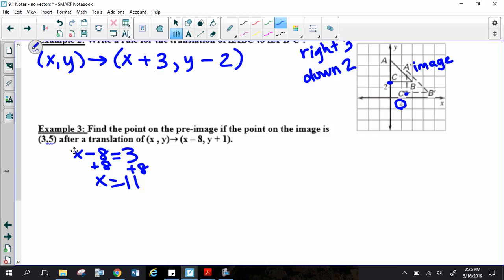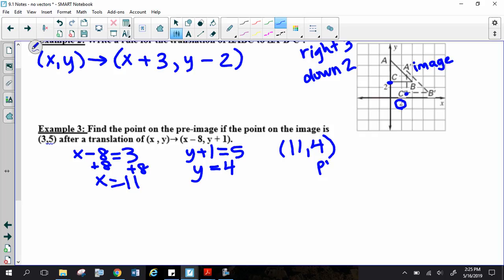And doing the same thing with Y, after I did Y plus 1, I would get 5. So Y, I'm going to subtract 1, gives me 4. So if I have the point 11, 4 as my original point, if I plug in X is 11, 11 minus 8 is 3. And if I plug in 4 for Y, 4 plus 1 is 5.